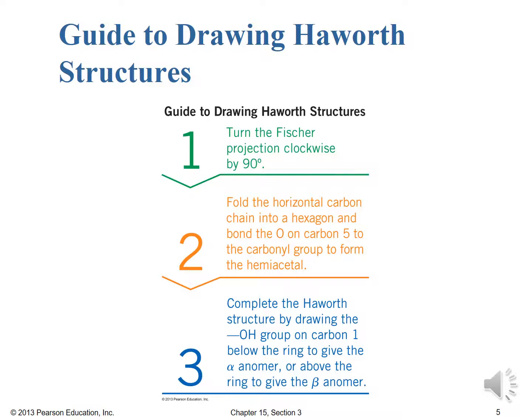So we did have alpha and beta on the previous slide. I didn't talk about them yet because I hadn't had a chance to talk about the guide with you, but let's go ahead and take a look at how we put this guide into action.